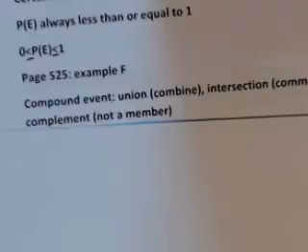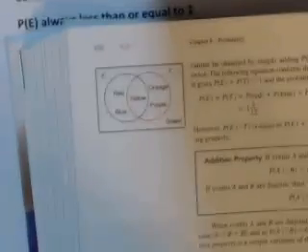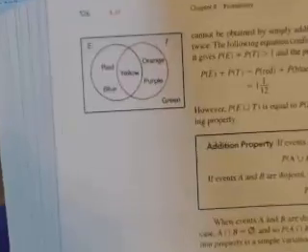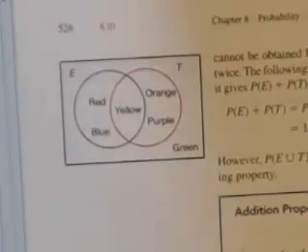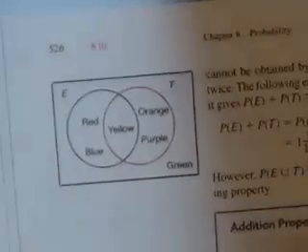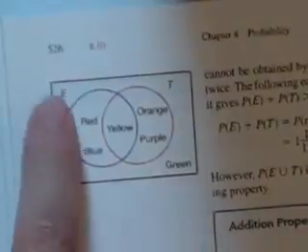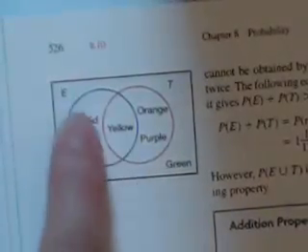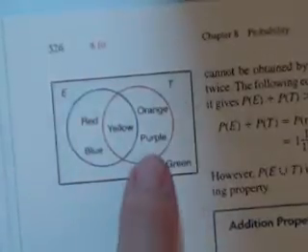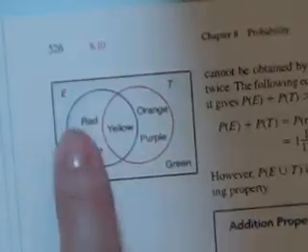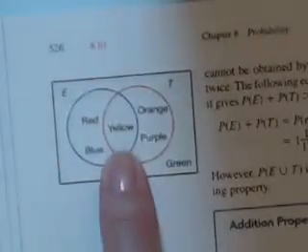So let me show you some examples of that. And this is at the top of page 526, and it's nice to look at it in terms of a Venn diagram. So if I have a set E that has red, blue, and yellow, and I have a set T that has purple, orange, and yellow, set E and T share a common color.